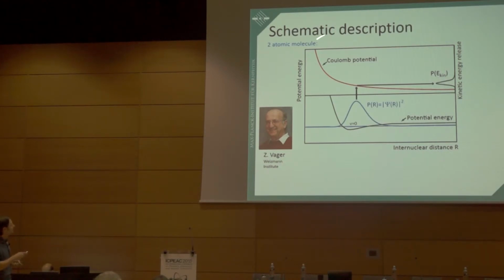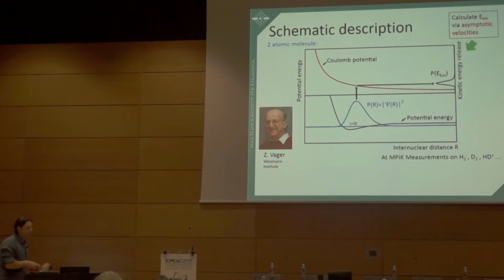I want to give you at least a schematic description of the Coulomb explosion process for a diatomic molecule. One takes the squared wave function, the probability distribution of the internuclear distances, and reflects it via the Coulomb potential onto the so-called kinetic energy release axis.